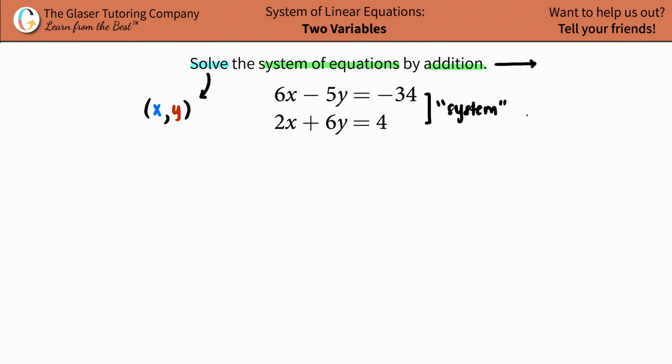The addition method basically means that you're going to try to get rid of one of your variables right off the bat. And how you do that is you got to match them up, right? If we're going to add these two equations and I want to get rid of the x variable, I got to make sure that these numbers are opposites of each other.